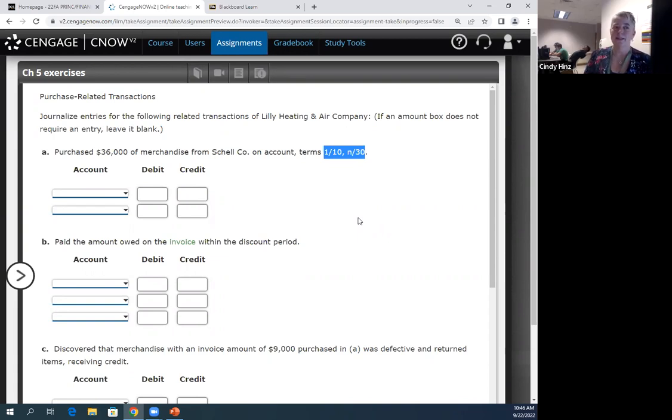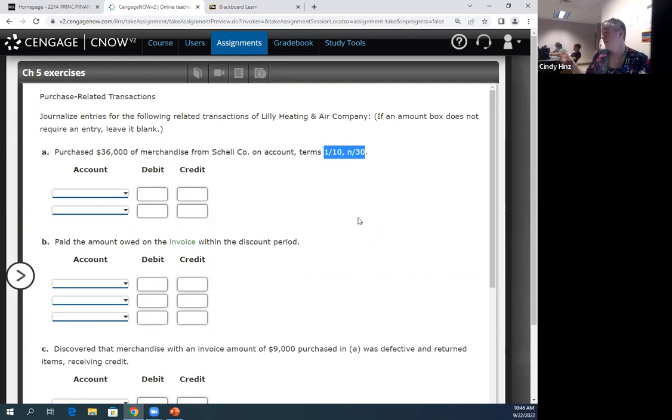If we didn't pay it in the 10 days, we'd have up to 30 days to pay, but we'd have to pay the full amount, the whole 36,000, without the discount. And as I explained on Tuesday, it's always in your best interest to take that discount because you're only paying 20 days early. I would pay on day 10, take the discount.